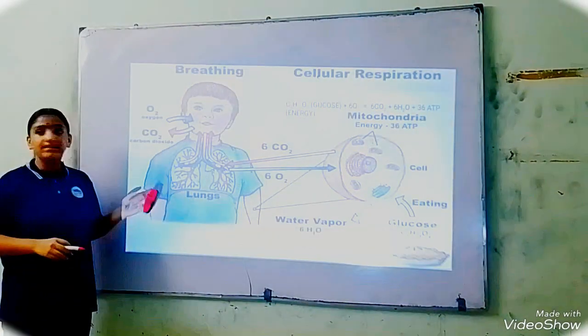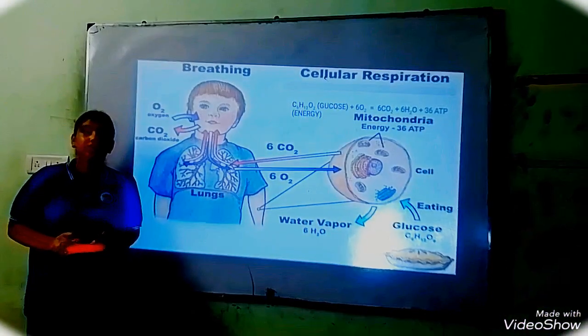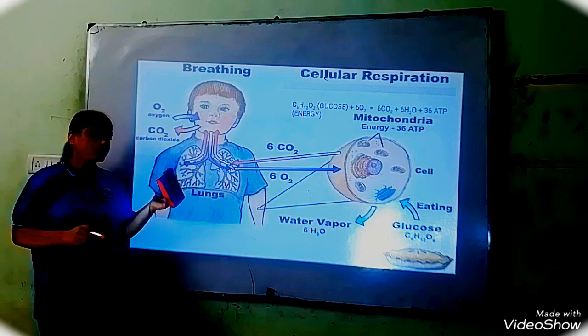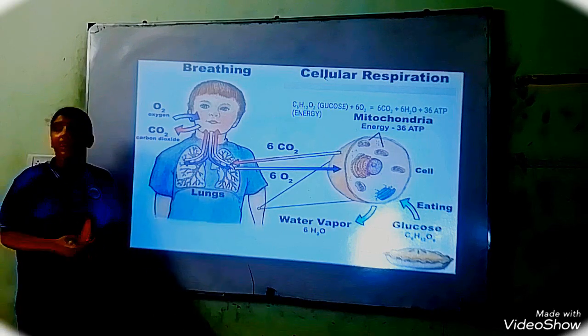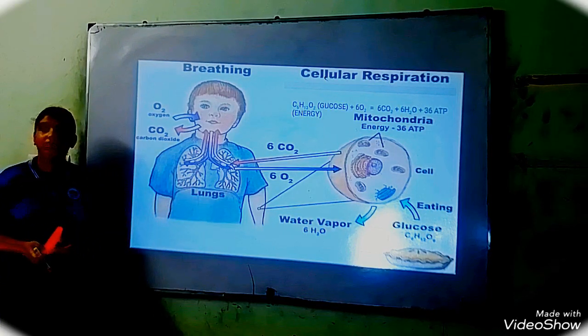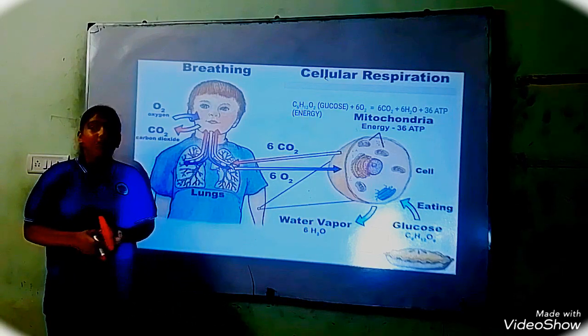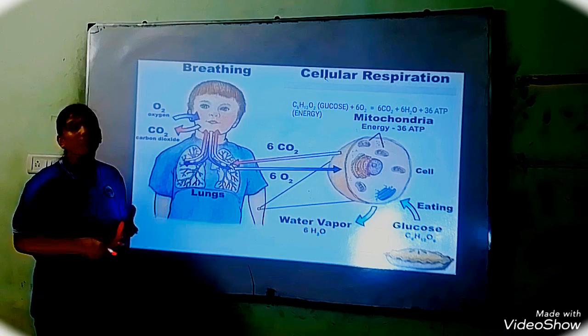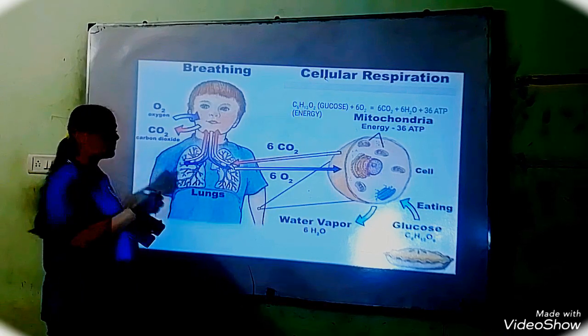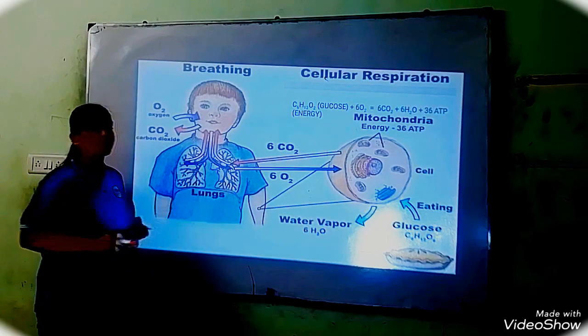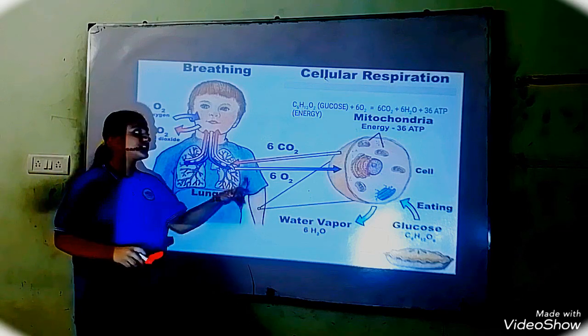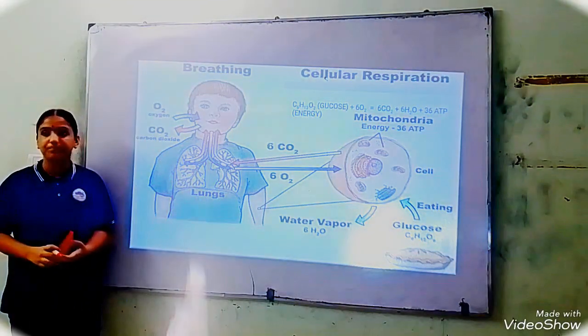In this figure, we can see that the oxygen is inhaled and reaches our lungs through the blue lines, which is further circulated to our body by the blood and reaches the cell organelle called mitochondria.